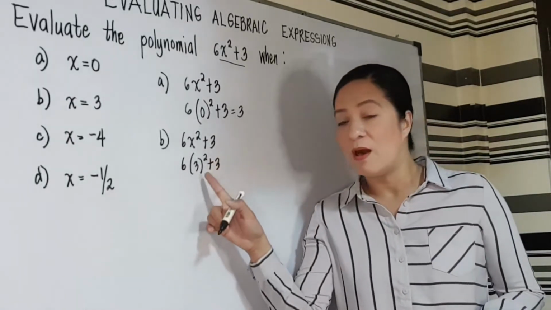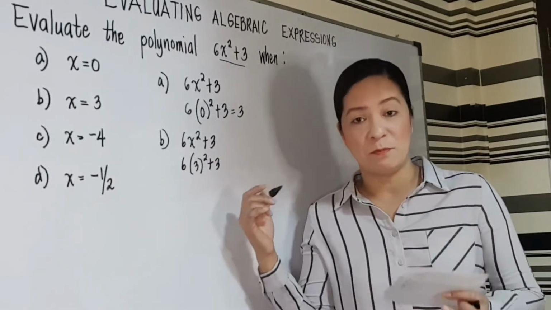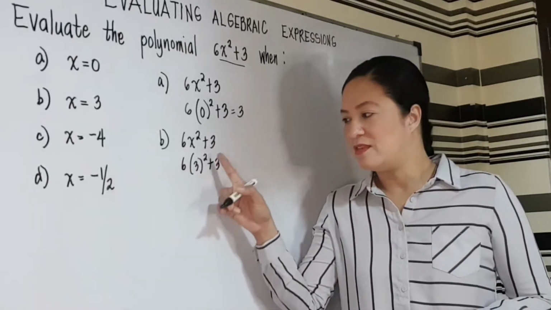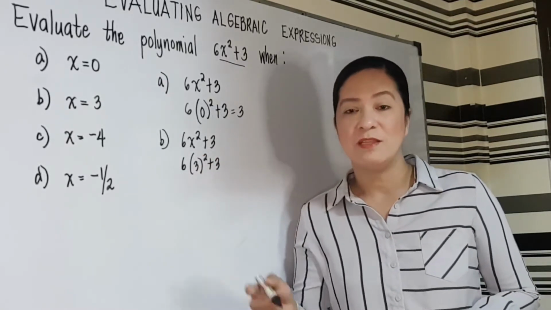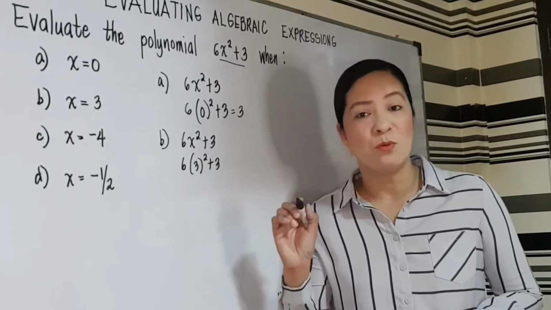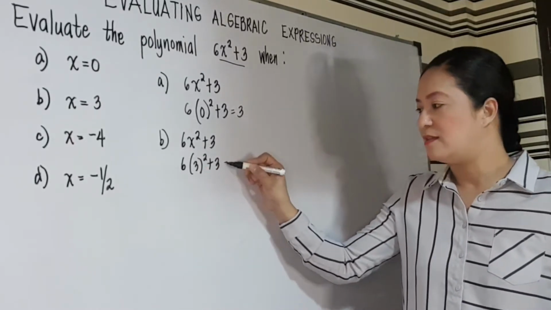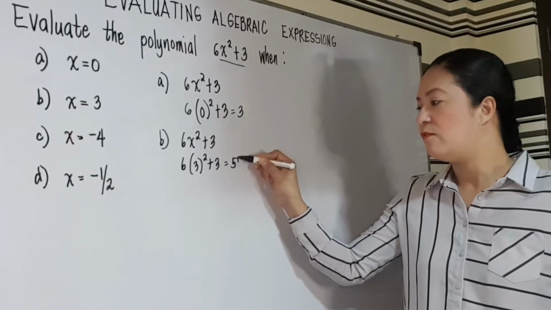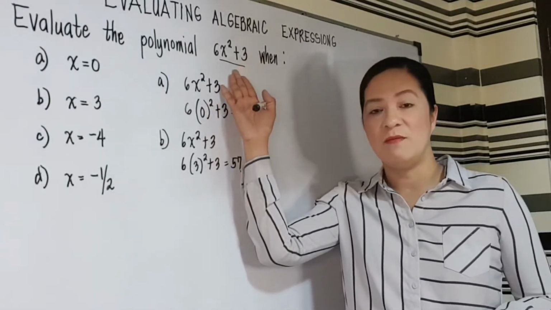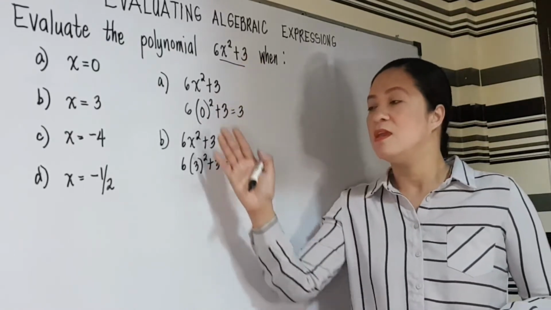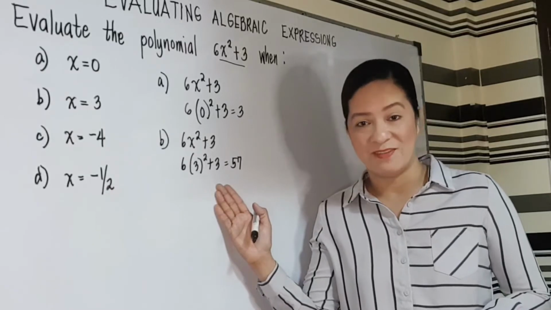Now, raising to powers, yan yung una natin ginagawa kapag merong power or exponent. So 3 squared is 9 times 6. Alright, what is 9 times 6? That's equal to 54. Plus 3, alright, that's equal to 57. So the value of the polynomial 6x squared plus 3 when x is equal to 3 is 57.